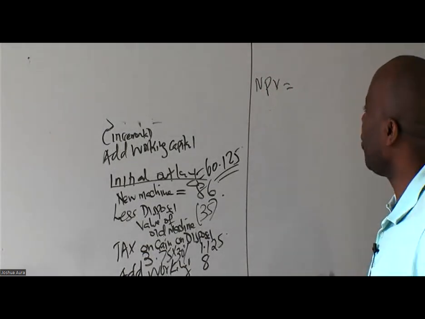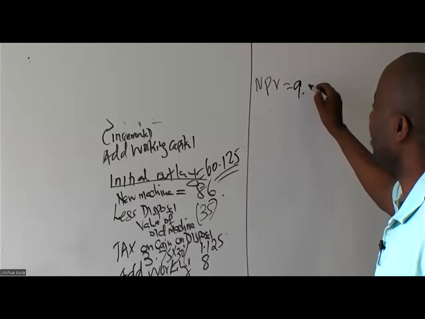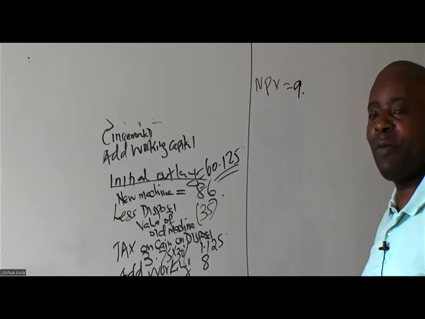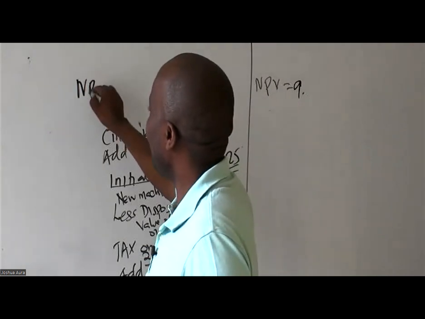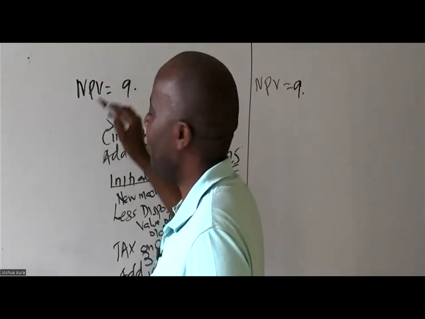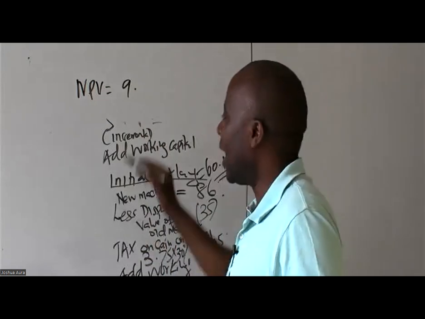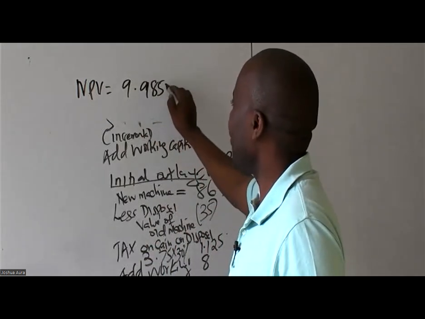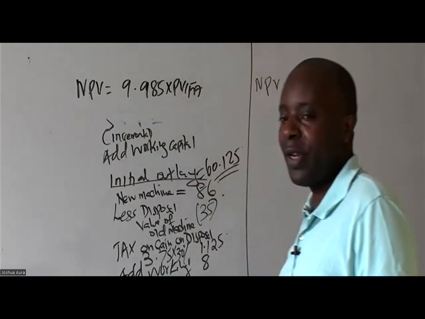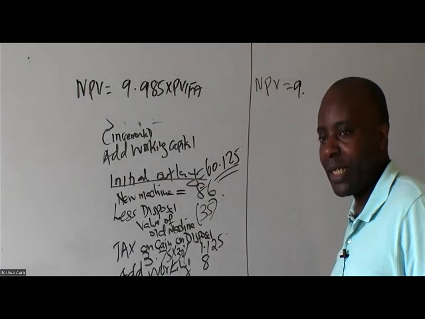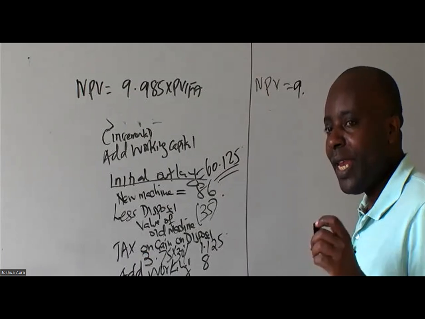You had given me a figure of 9 point something. My operational cash flow will be 9.985 times PV5. Yes. Do we have any other type of cash flow?